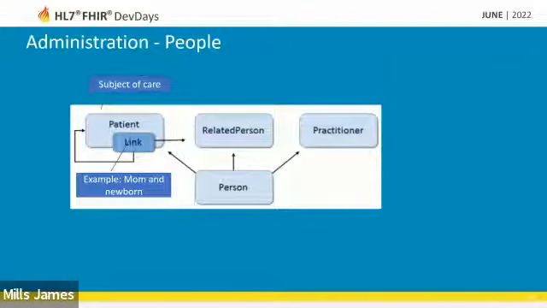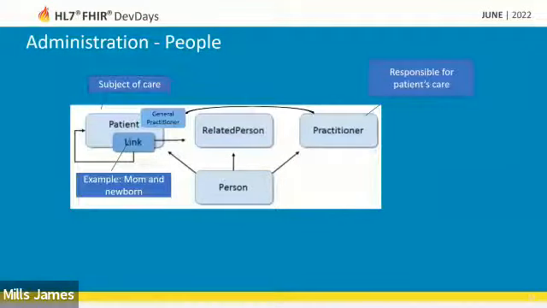Another really important person in healthcare are practitioners, which is defined broadly in FHIR as anyone that is really supporting the patients. There are many different types of people that we can consider practitioners, of course doctors, but also quite a few other roles. These are people that are directly responsible in some way for the patient.